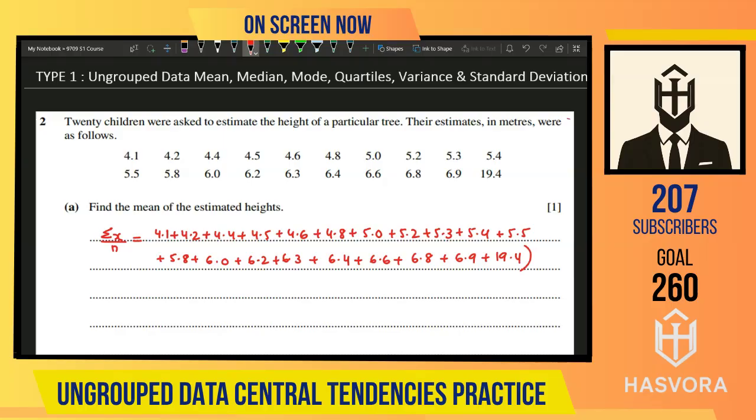Now we have to sum all of these values and then let's count the total number of these values. So 1, 2, 3, 4, 5, 6, 7, 8, 9, 10, 11, 12, 13, 14, 15, 16, 17, 18, 19, 20. So the n is 20.